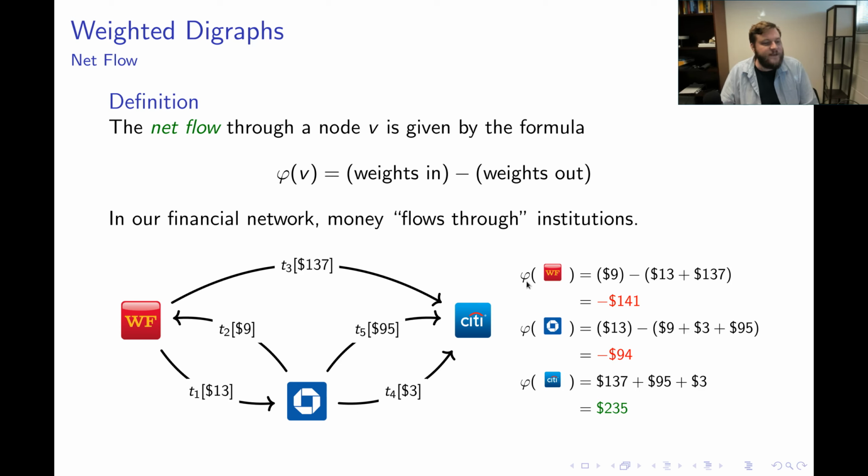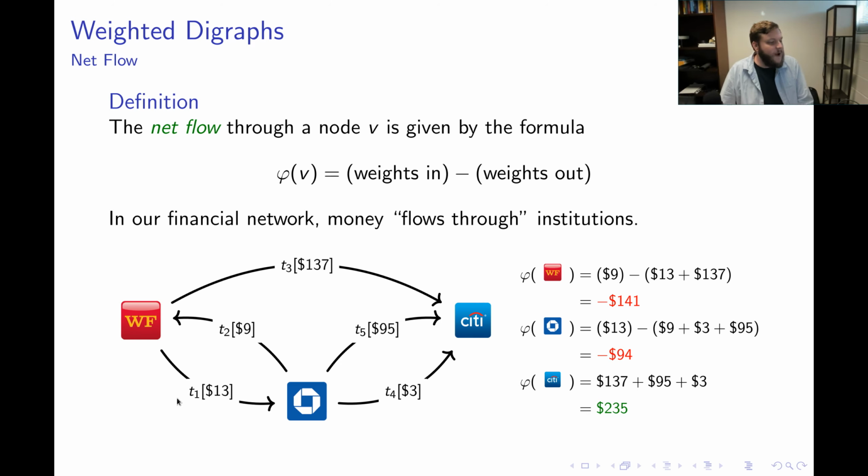If I calculate the net flow through Wells Fargo, again, the idea here is we figure out all of the arrows pointing to Wells Fargo. Well, in our model, there's only one arrow pointing to Wells Fargo. That's the second transaction, T sub 2, and that carried a financial value or a weight of 9. So we start with plus 9, and then now we're supposed to subtract off all of the weights corresponding to arrows pointing directly away from Wells Fargo.